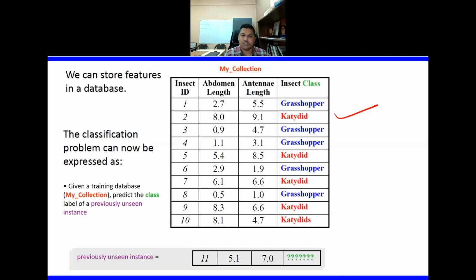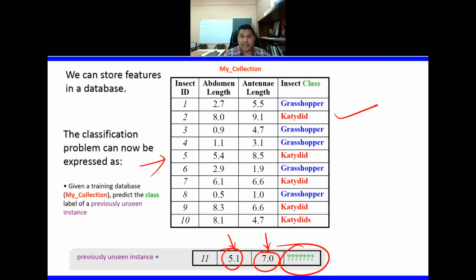Now suppose I give an abdomen length of 5.1 and an antenna length of 7 mm. What is that insect? Whether it is class A or class B, katydid or grasshopper, I have to find out.